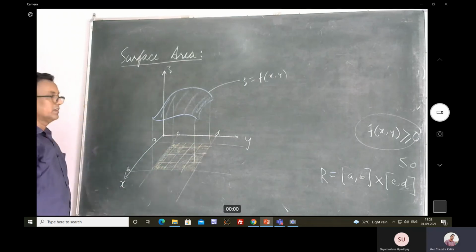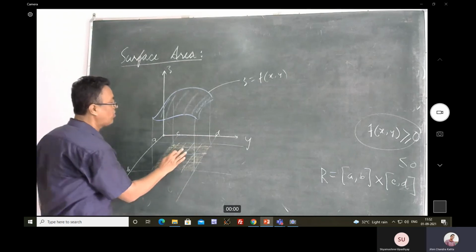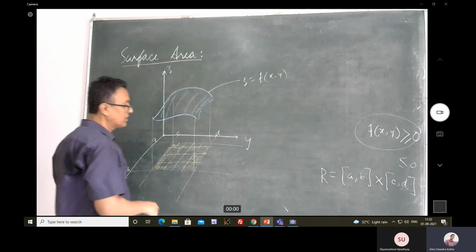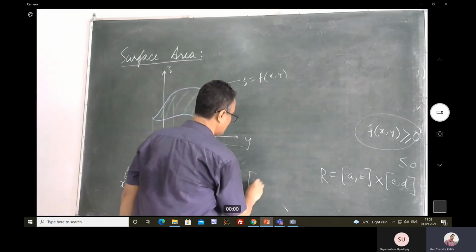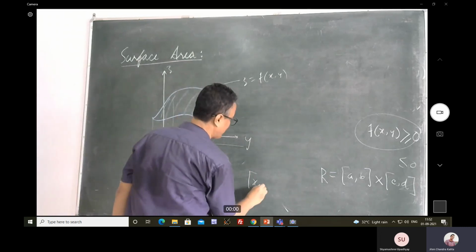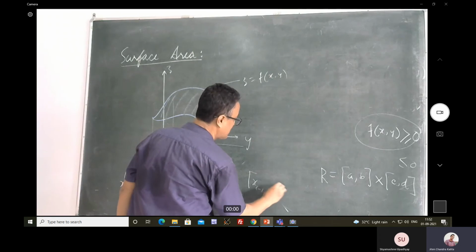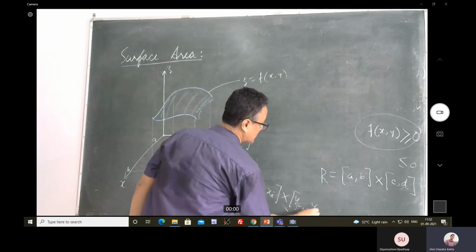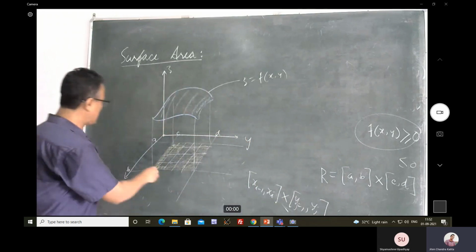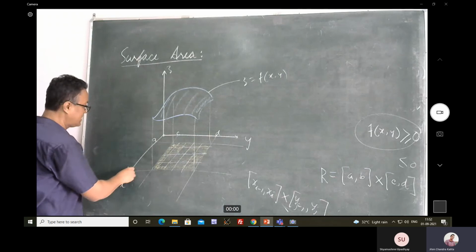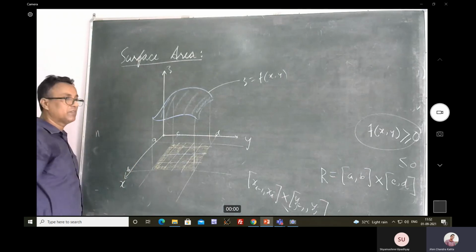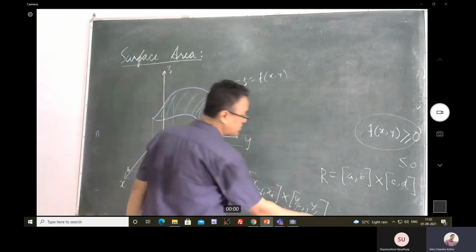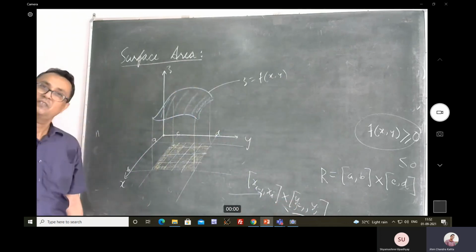Okay, fine. So now, suppose this is the sub-rectangle created by the sub-intervals. Okay, you know the underlying concept. So what we have done, we have divided AB into n sub-intervals like this, okay, and CD into m sub-intervals like this. Is it okay? Fine.